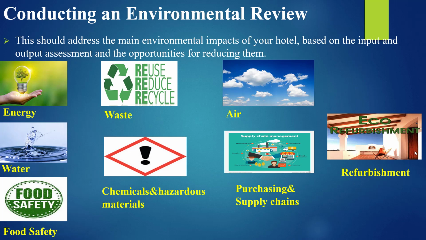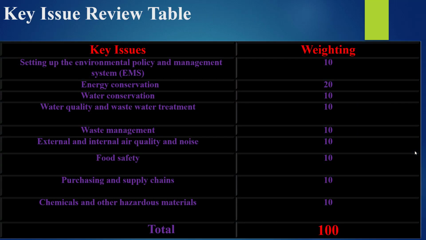What is the Key Issue Review Table? The key issue review table can be adapted or used as it is in order to assess your current status. The table identifies 100 key issues. Each action successfully implemented on each key issue counts as 1 point.